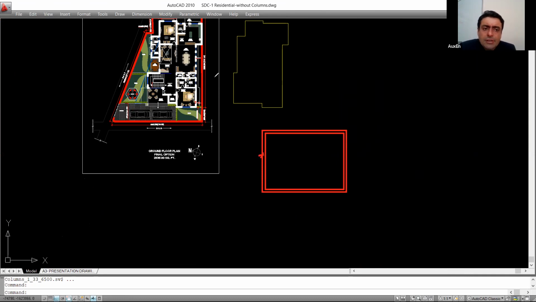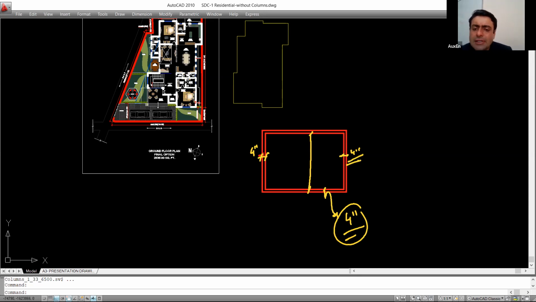So you are able to free out more space. This happens mostly in commercial buildings and multi-story apartments. This is a practice being adopted these days, and because of this there are many serviceability issues that you face in apartment buildings, isn't it?